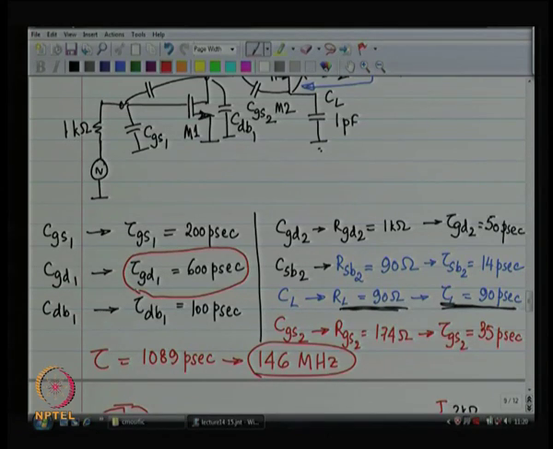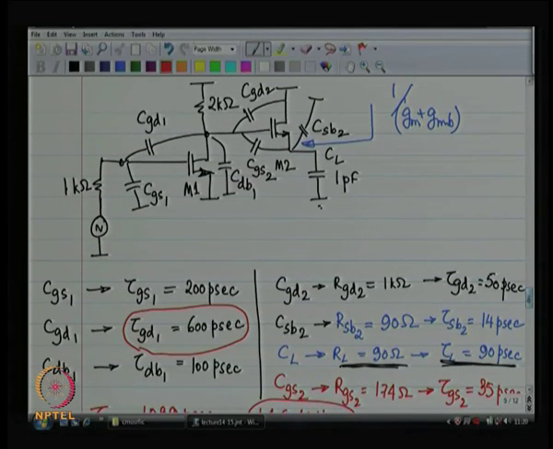is 600 picoseconds, corresponding to the gate to drain capacitance of device number 1. Now, C gate to drain of device number 1 was a small capacitor to start with. We are talking about this, right. It was a small capacitor to start with, but it seems to be resulting in a large time constant. Why? Why is C gate to drain resulting in a large time constant? What are you seeing over here?